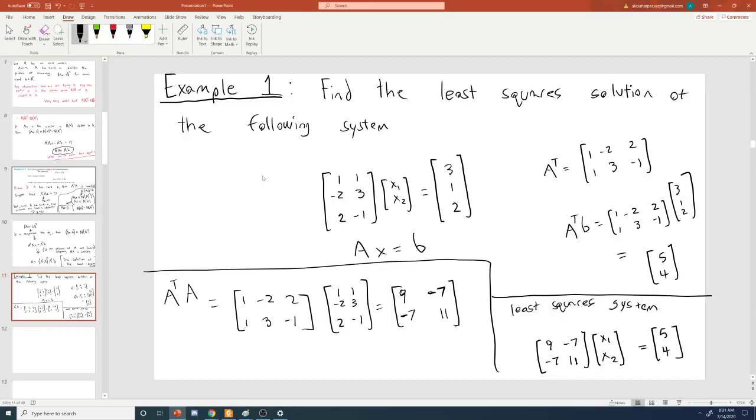In this case, an x1 and an x2. So 83 over 50 and 71 over 50. So this is our first example of a least squares type problem. So let's do another example.